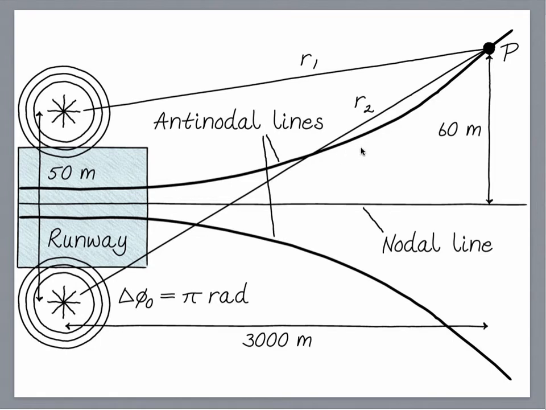So 3,000 going across and then 60 minus 25. In order to calculate the distance R2, again we'll have 3,000 going across in the horizontal direction, but this time we'll have 60 meters this way plus the additional 25 it takes to get down to the second transmitter at the bottom. So again, let's take a look at the mathematics going on.